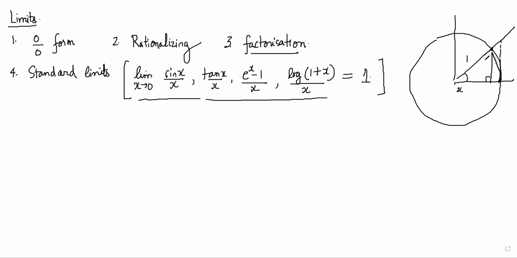So we saw that this triangle area is less than the area of the sector and is less than the area of this triangle. However, if you bring the point P close to the x-axis, all three areas become equal. All three areas start becoming very close to each other.